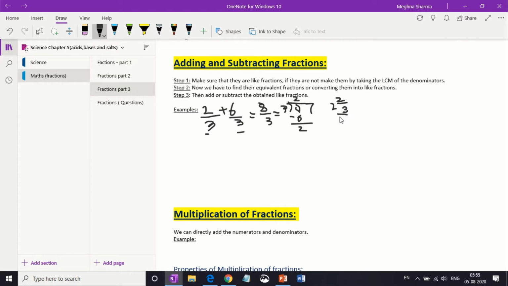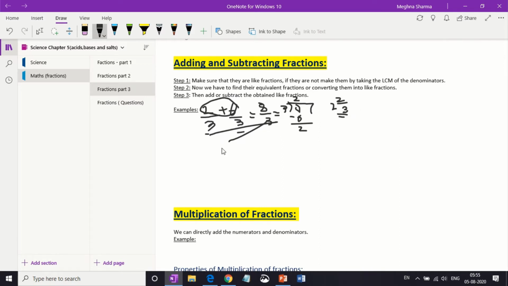Here, in adding like fractions, you add only the numerators. You don't add the denominators, the denominator remains the same. Here see 3, here also 3, here also 3.